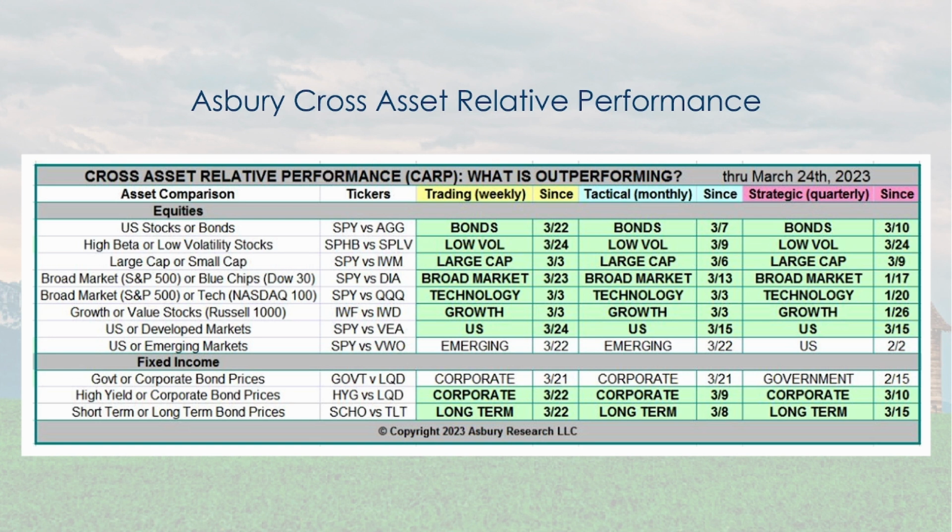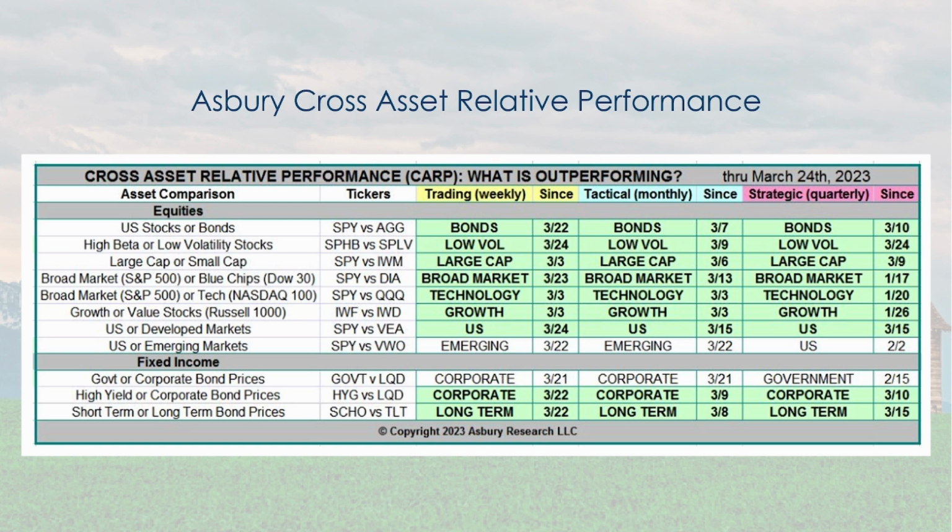And technology is doing better than the broad market. That's represented by the NASDAQ 100 compared to the S&P 500. Growth stocks are doing better than value stocks. U.S. is doing better than developed markets.